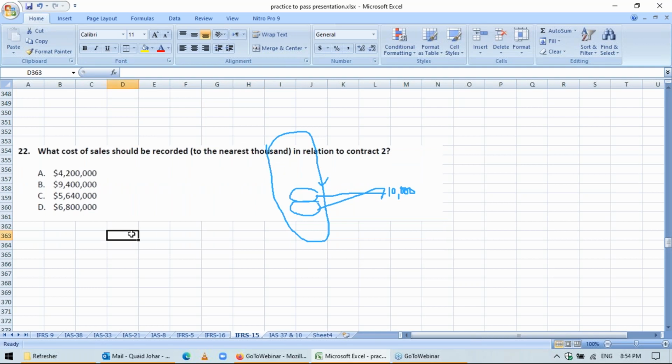So how will we account for it in this case? Cost till date is 4,000, and estimated cost to complete is 6,000. Right? So the total cost of the contract is 10,000, but the price is 8,000.